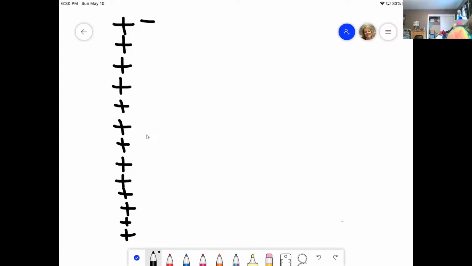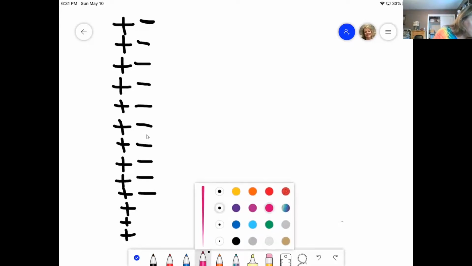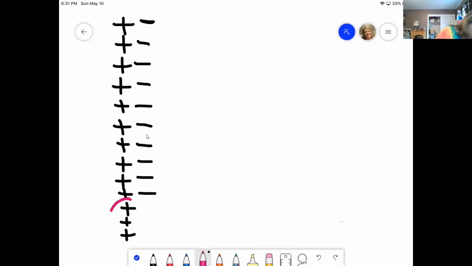So I told you on the last one that if the charge was +3, we would have 10 electrons, right? So let's put 10 in and see what happens. 1, 2, 3, 4, 5, 6, 7, 8, 9, 10. There's my 10 that I said. What's left over? There are 3 protons that do not have an electron to cancel them out.